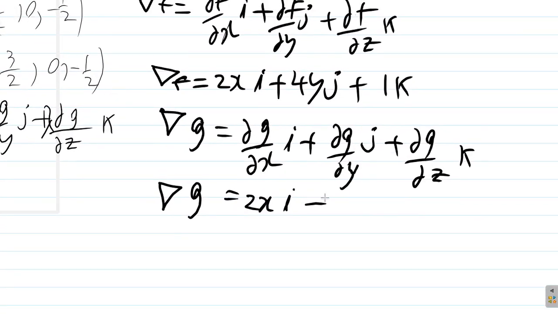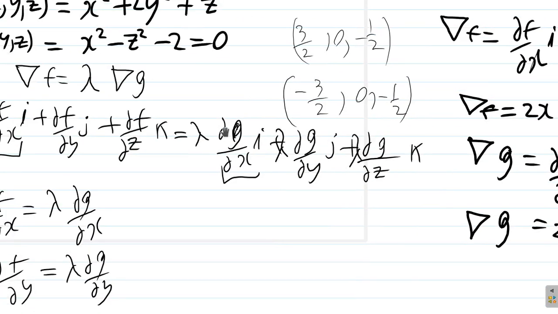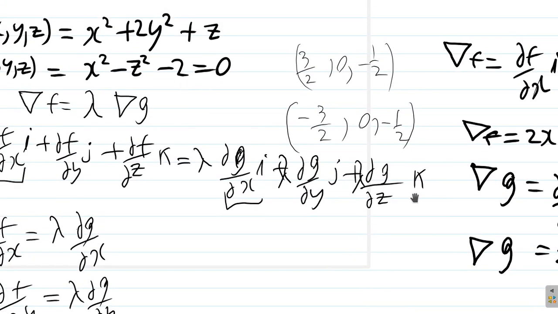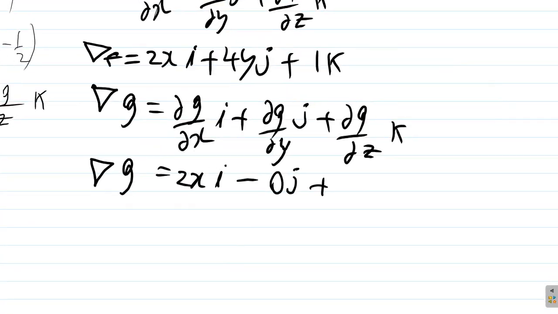We differentiate 0, you get 0 in the j direction plus, and then delta g by delta z, negative 2z, so it would be minus 2zk. Alright, good.